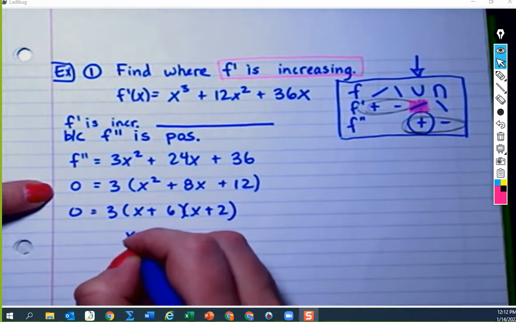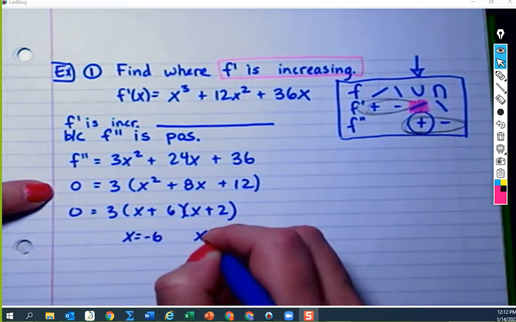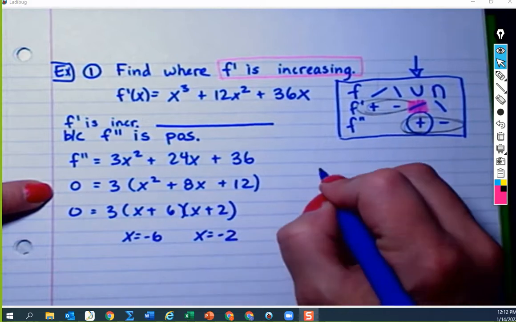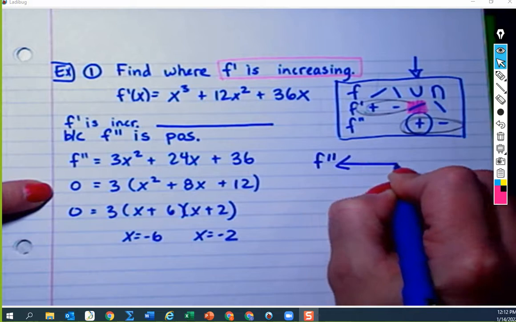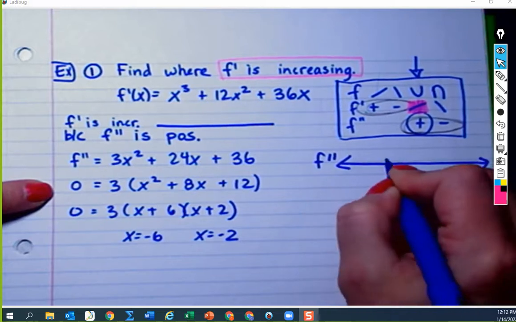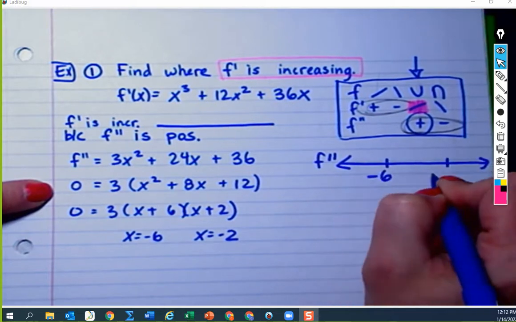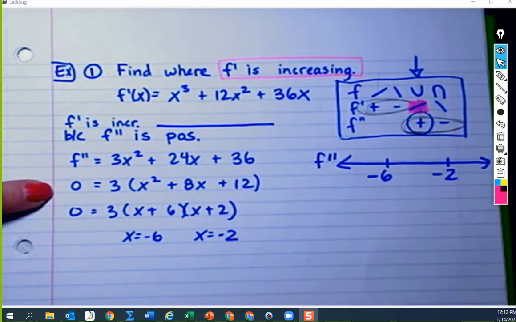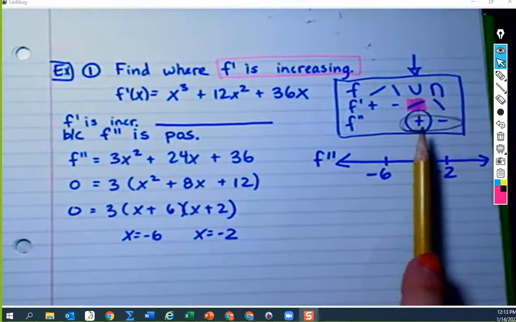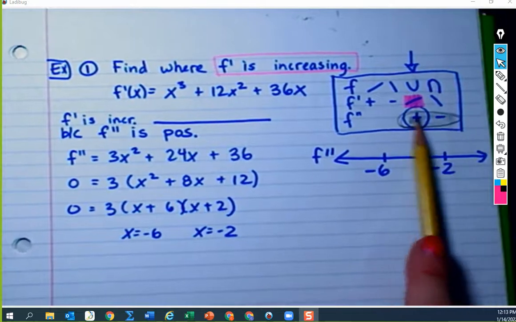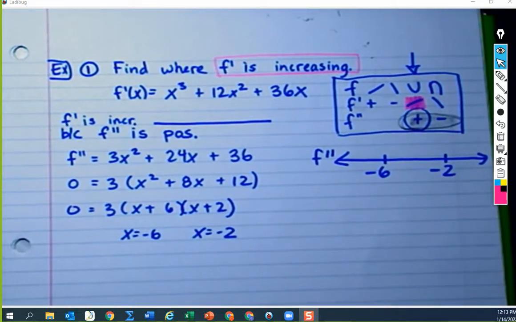So I get x equals, and I get the second derivative number line. The number line is what you can find.